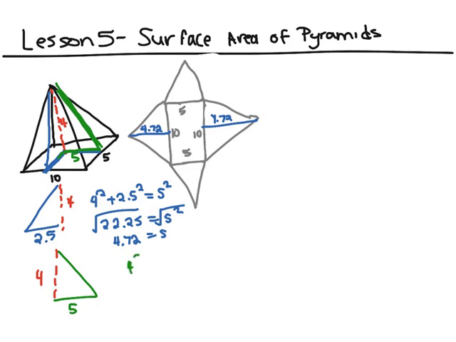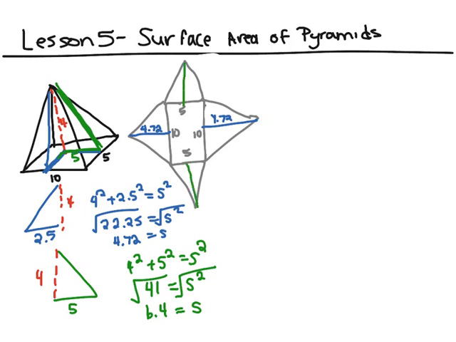So we have 4 squared plus 5 squared equals slant squared. You should get 41 on the left side is equal to s squared. Square root both sides, and you should get 6.4 as your slant. So these are our green slants. They are 6.4.